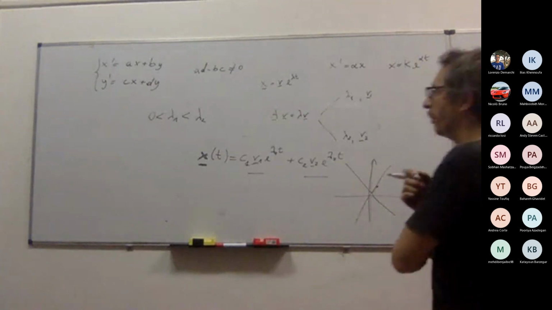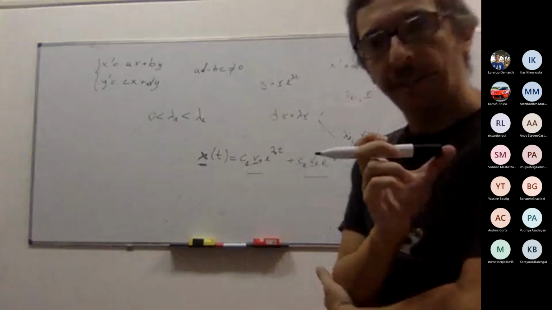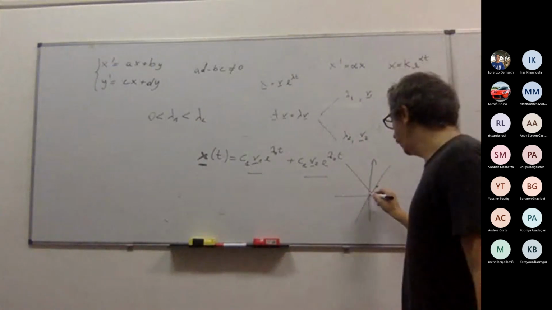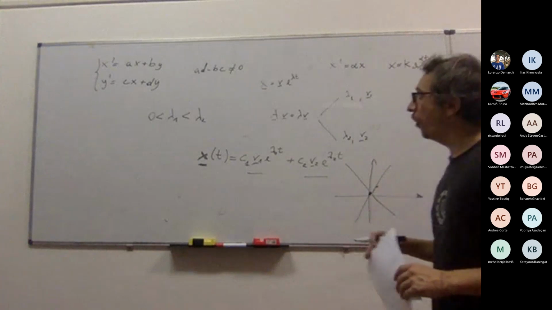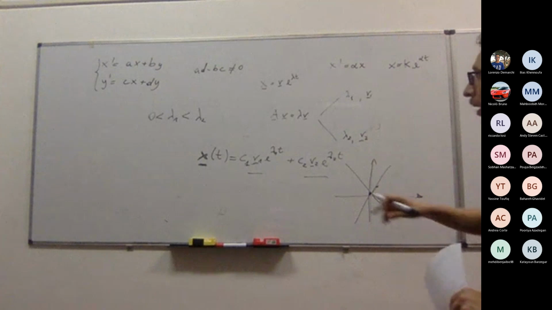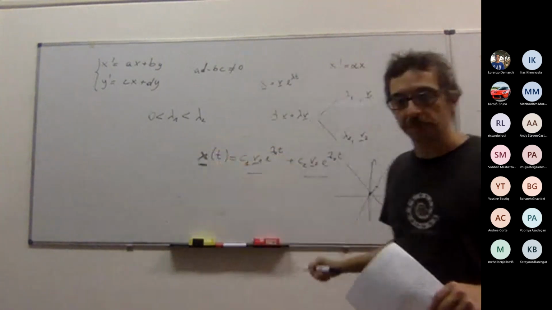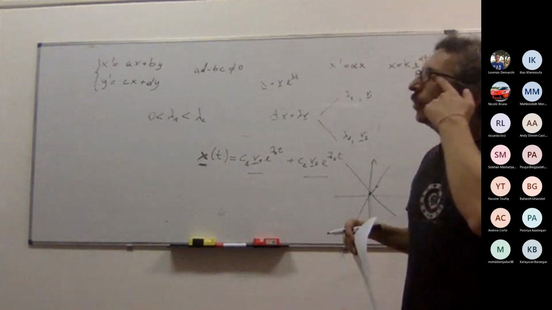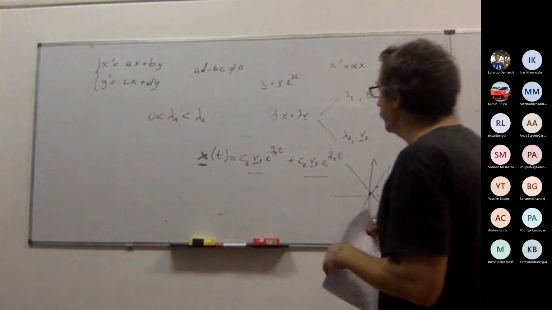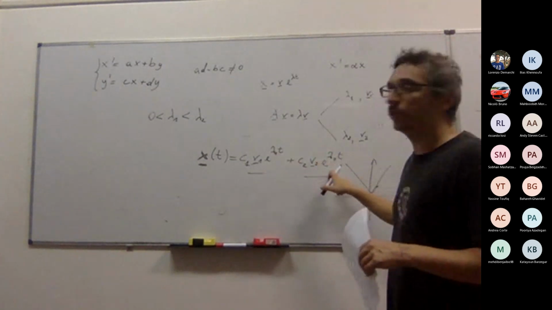We can say also something more about this combination of the two. We can say how an orbit is behaving when it's approaching the critical point. Remember that my hypothesis is lambda 1 is smaller than lambda 2. So if I'm approaching the critical point for t that goes to minus infinity, this term is dominant with respect to this other one.